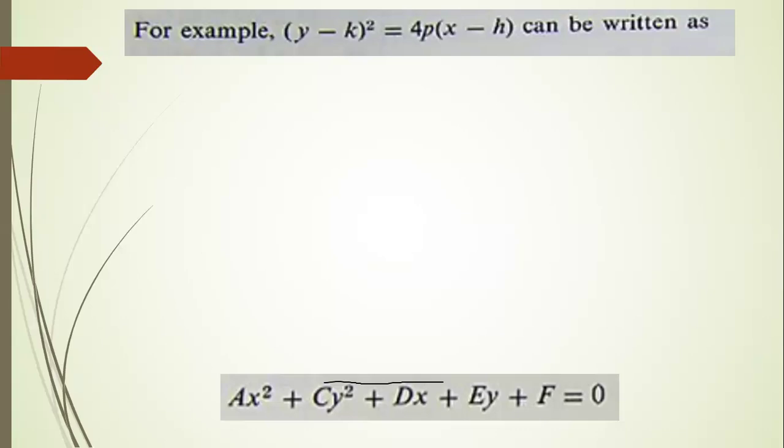We know that basically what we're doing here is multiplying this bracket twice. So we're going to have y minus k times y minus k.